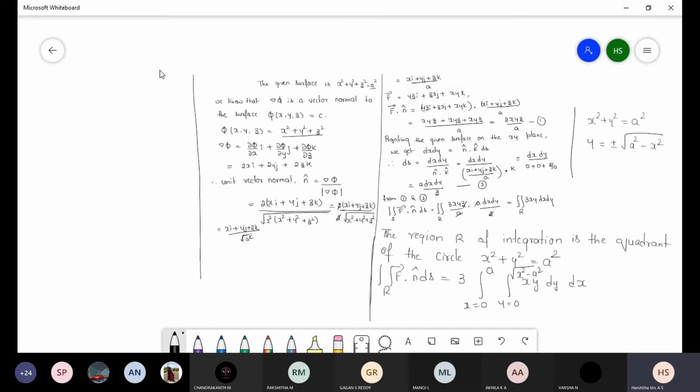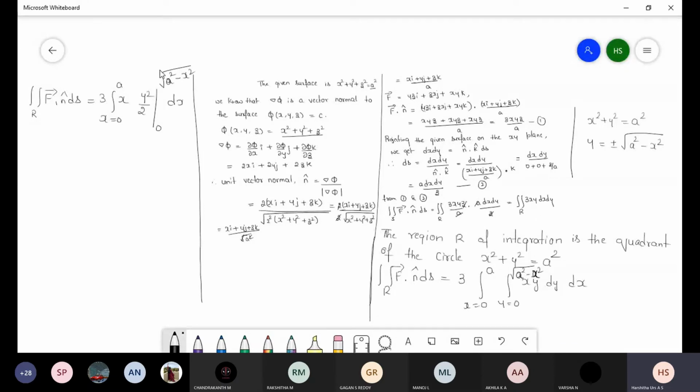I just continue this side. So here double integral over the region R, vector f dot n cap into ds is equal to 3 into integral x is equal to 0 to a. I write x as it is. With respect to y we are doing integration, so we get y square by 2, with limit from 0 to root of a square minus x square.